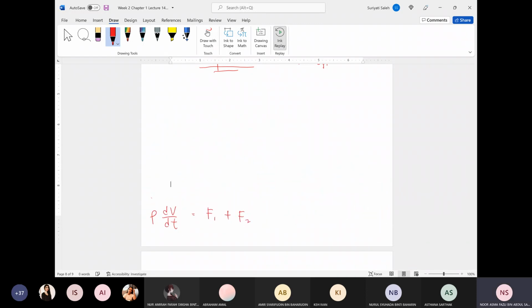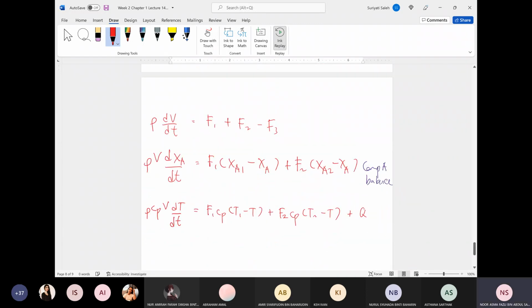Let me rearrange a little bit. Based on this, we can see the left-hand side of the equation consists of the differential term, the d over dt. This represents the change of the volume, the composition and the temperature.